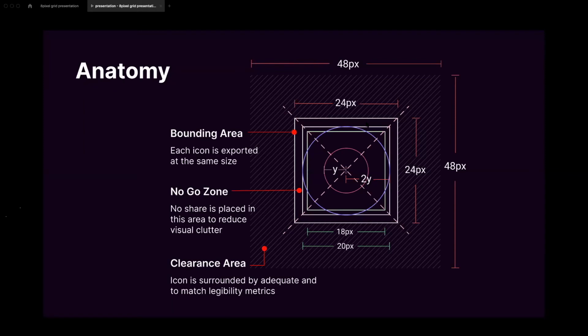In this image, you can see a bounding area in which the icon is exposed at the same size. In the no-go zone area, no shape is placed in this area to reduce visual clutter. In the clearance area, the icon is surrounded by adequate space to match the legibility metrics.